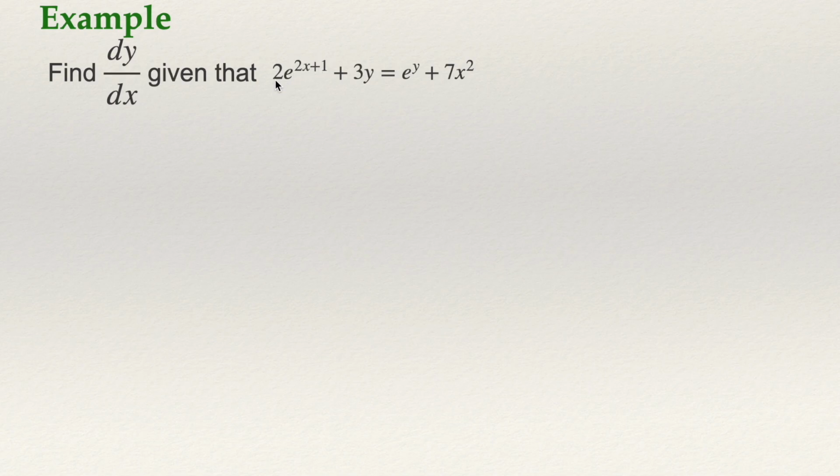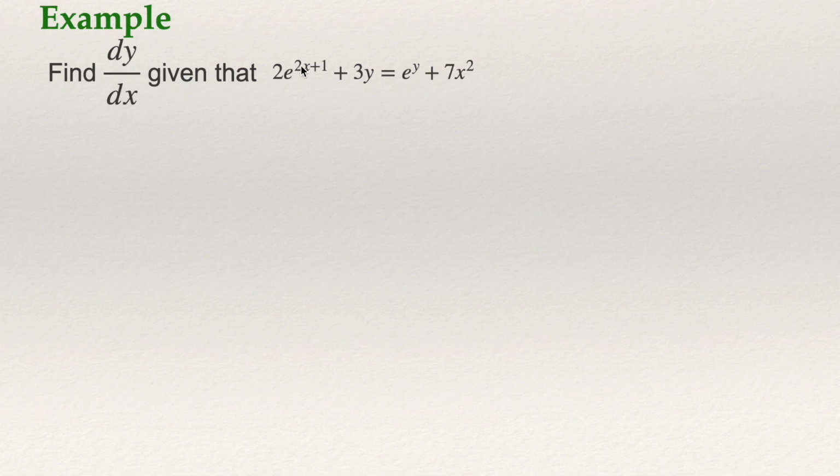So it will be 2, because this is a constant, 2 multiplied by e to the power that we have, multiplied by the derivative of the power. Remember, we need to use the chain rule here. So it will be, and the derivative of 2x plus 1 is 2.